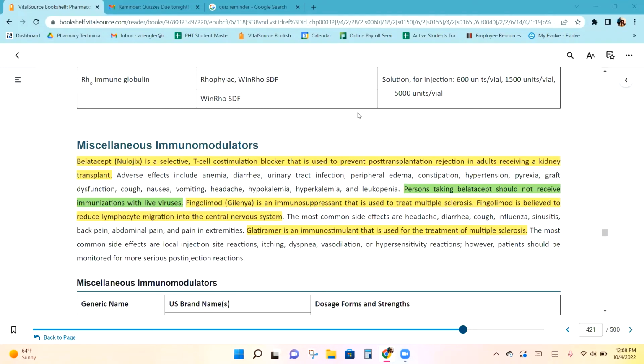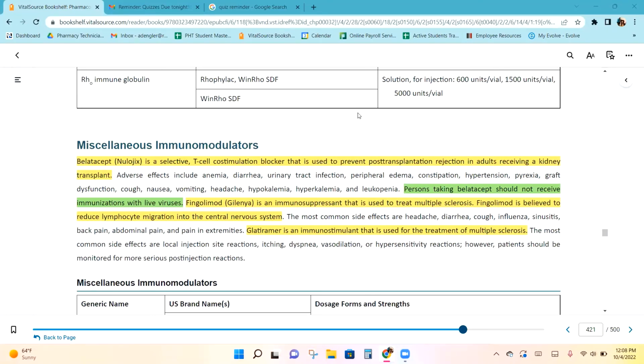Belatacept is a selective T cell co-stimulation blocker that is used to prevent post-transplantation rejection in adults receiving a kidney transplant. Persons taking this medication should not receive immunizations with live viruses. The medication Gilenya is an immunosuppressant that is used to treat MS. And it is believed to reduce lymphocyte migration into the central nervous system.